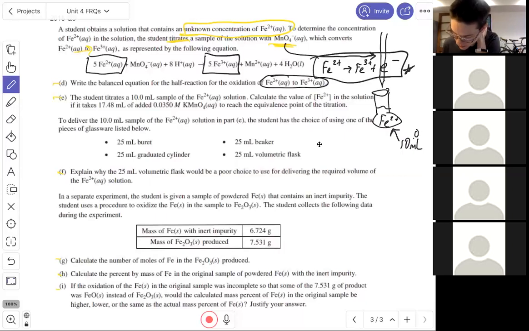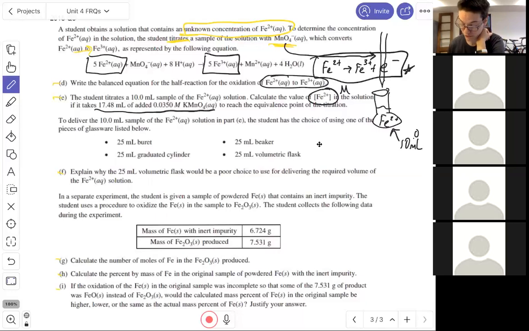Calculate the value of the, what does this bracket there mean? What are they asking for? Molarity. Concentration, molarity, in the solution, if it takes 17.48 milliliters of 0.0350 molar potassium permanganate to reach the equivalent point.